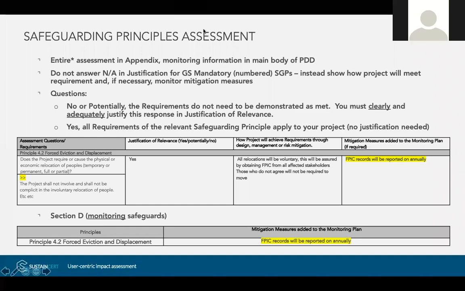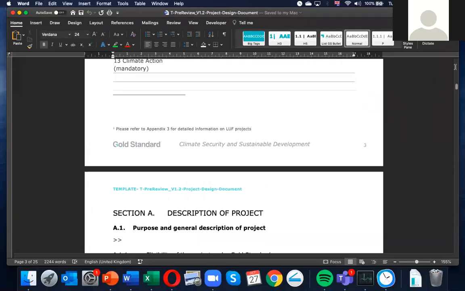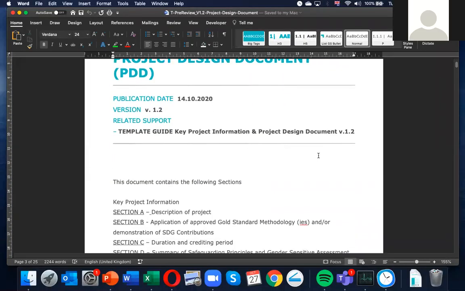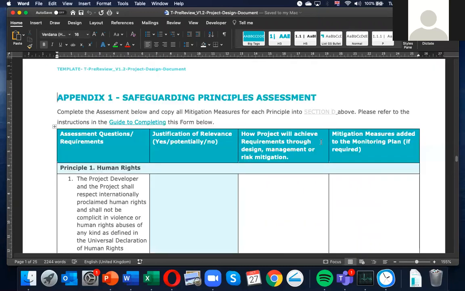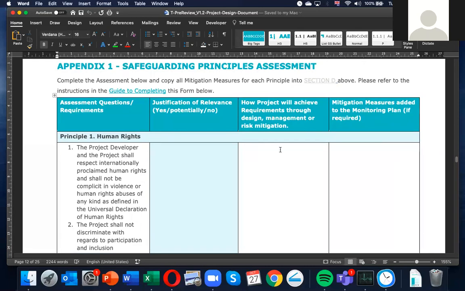So, safeguarding principles assessment. As I mentioned briefly earlier, the entire assessment has now been moved to an appendix. It's just monitoring information only that's in the main body of the PDD. I'm going to show that on the actual document so you can see what it looks like. So Appendix 1. This is what the safeguarding principles assessment looks like now.